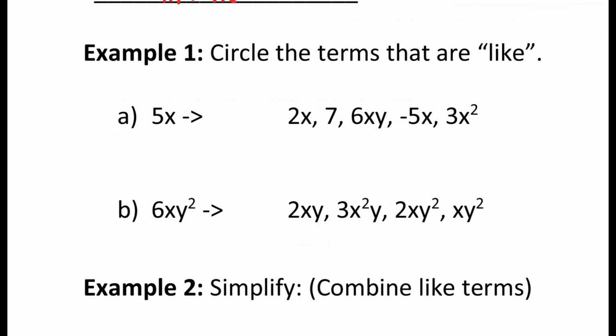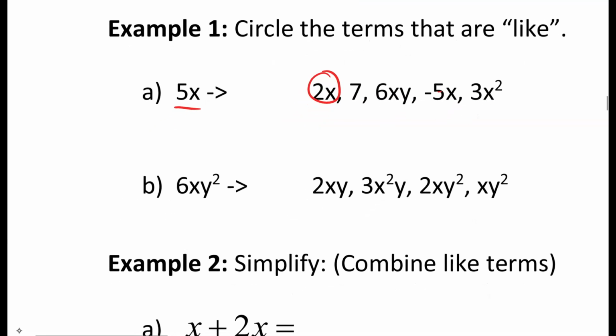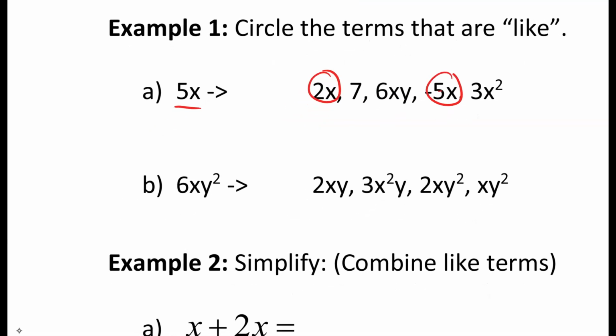So we want to find terms that are going to be like 5x, meaning we have to have a variable of x and an exponent of 1. 2x would be an example. 7 has no variable, so it wouldn't be. 6xy, now we do have the variable x, but because there is also y, it is not a like term. Negative 5x would be an example of a like term. And 6x squared, because it's squared, so our exponent is 2, this is not a like term.